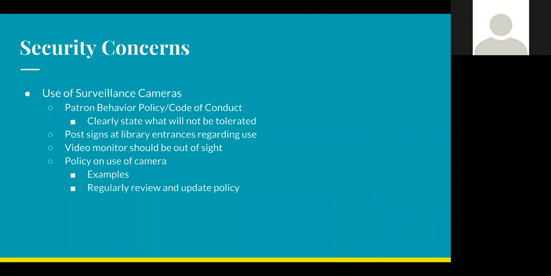The way to do that is that staff would tell your director, who would then turn those over to the library's legal counsel, who can then turn them over to law enforcement. So it's better not to go straight to law enforcement.